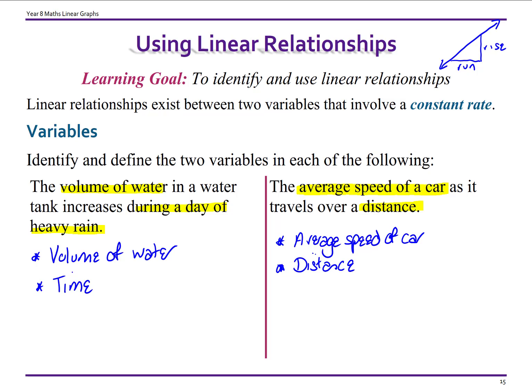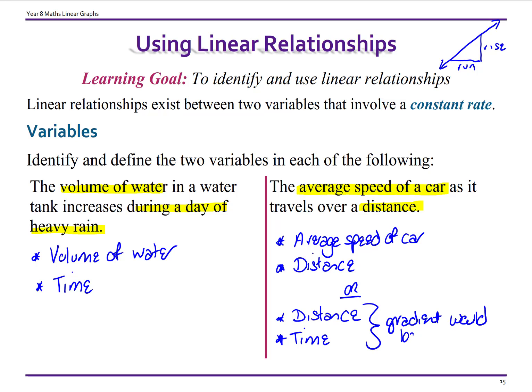So what is our average speed at certain distances? Or more likely what you're going to see is distance and time. And in this case, our gradient would be speed, because it's a change in distance, our rise, over the change in time.